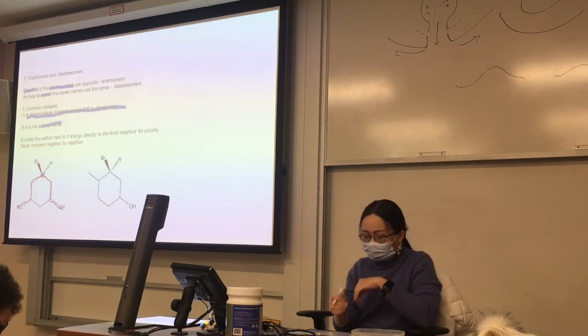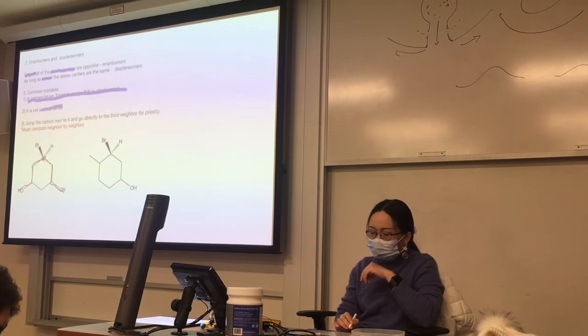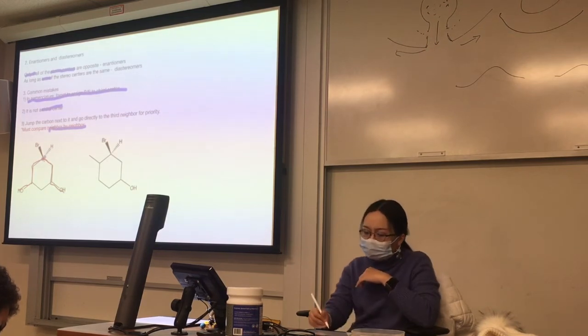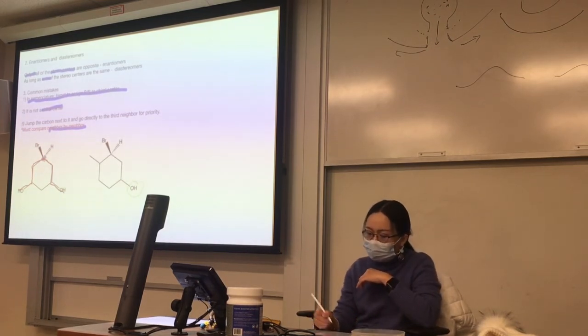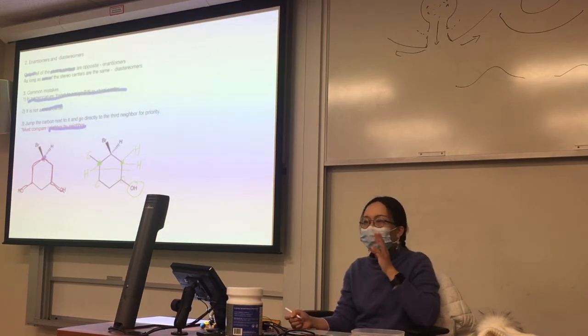Common mistake number 3, which is the mistake I talked about last time: didn't compare neighbor by neighbor. This was exactly the same example I used last time. Although the hydroxyl group has a higher priority, this carbon is bonded to 2 carbons and 1 hydrogen, while this carbon is bonded to 2 hydrogens and 1 carbon. In this game, whenever you see a difference, the game is over.